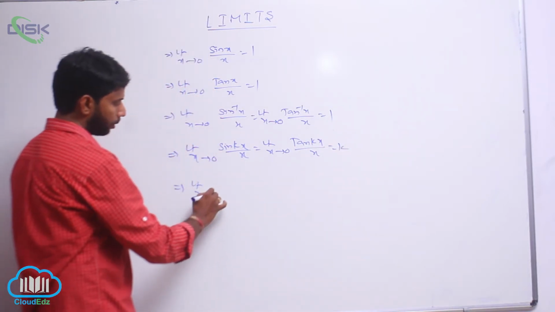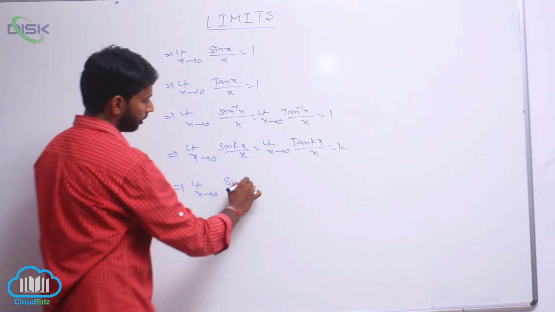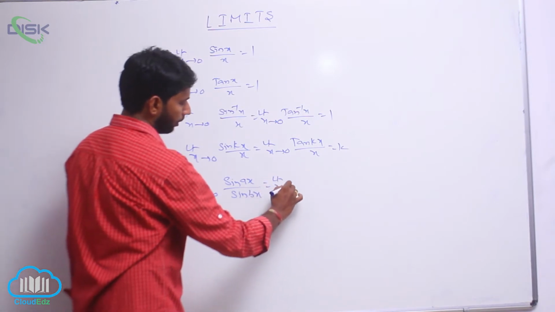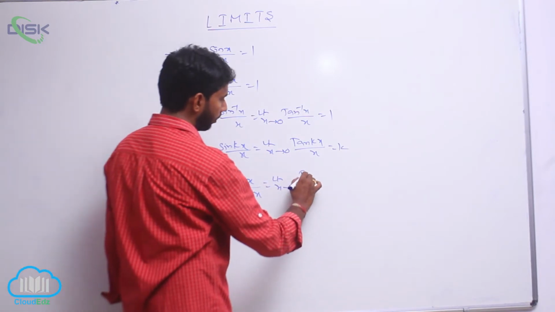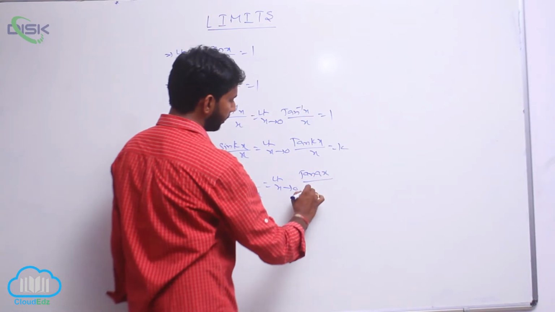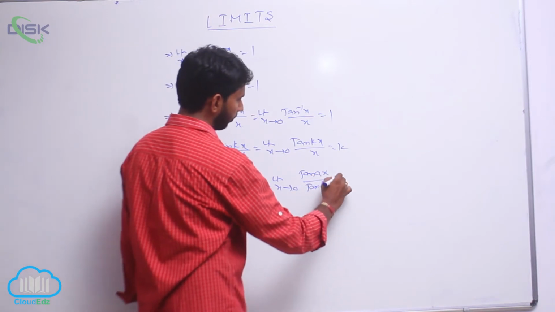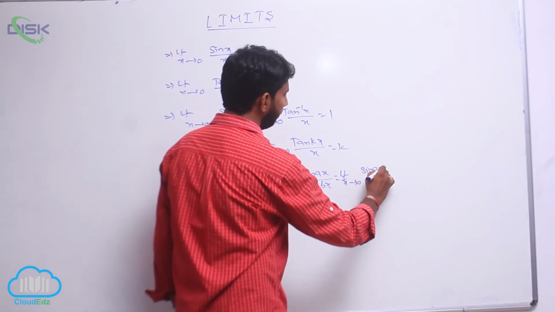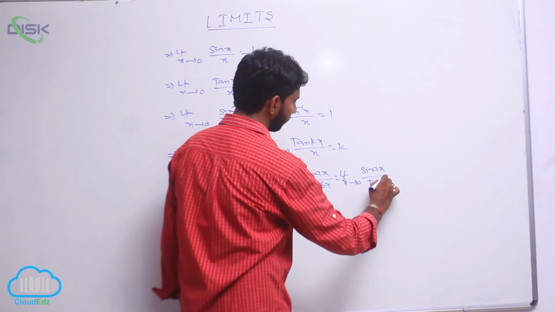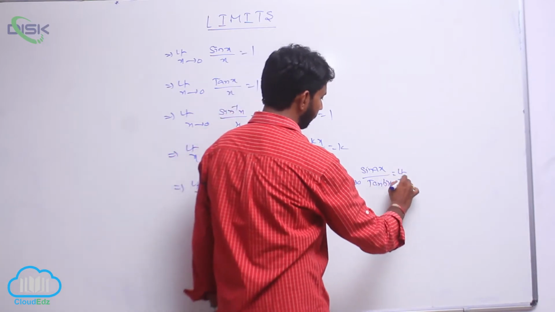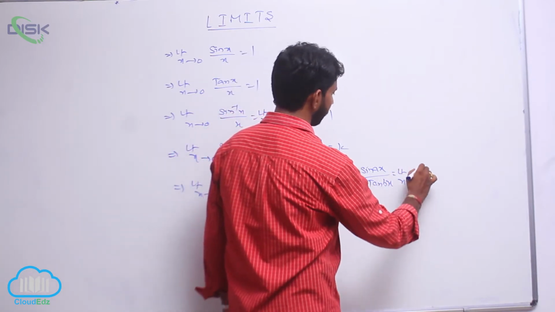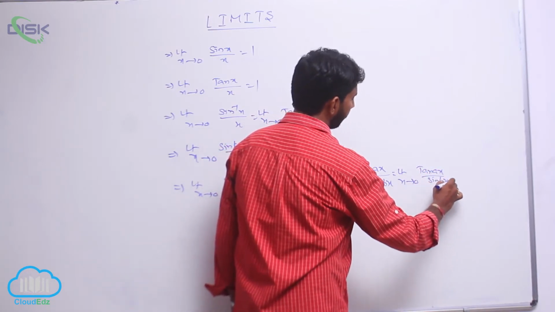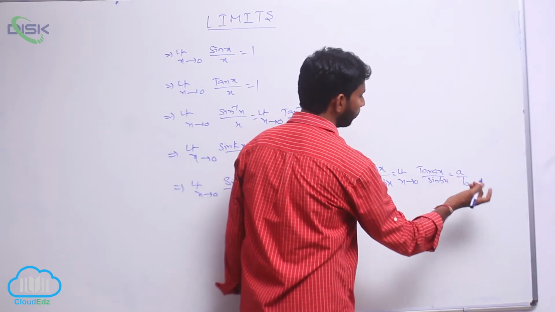And limit as x tends to 0 of sin ax by sin bx, tan ax by tan bx, sin ax by tan bx, tan ax by sin bx, is equal to a by b.